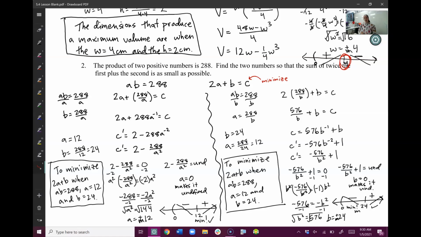Now, one other thing I did want to mention about this particular problem is the importance of this right here. Two positive numbers. If you look right here at my number line, I ended it at 0 because I know that my answers cannot be 0 or negative, because 0 is not considered positive, and of course negative is not considered positive.